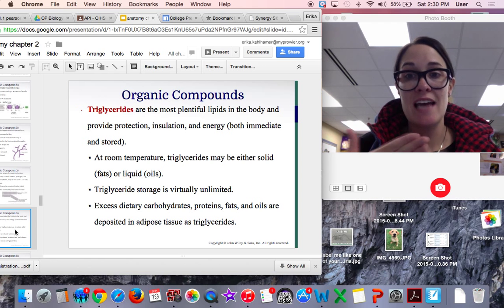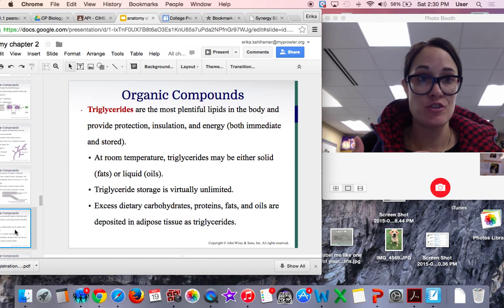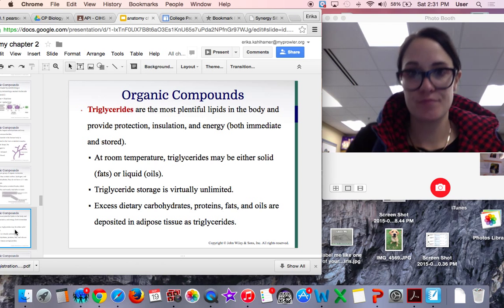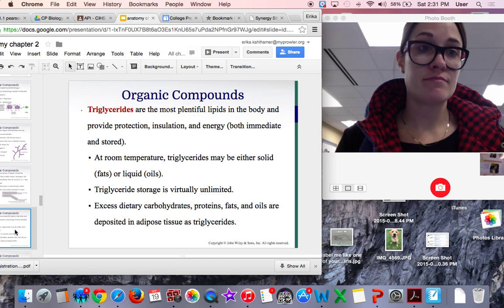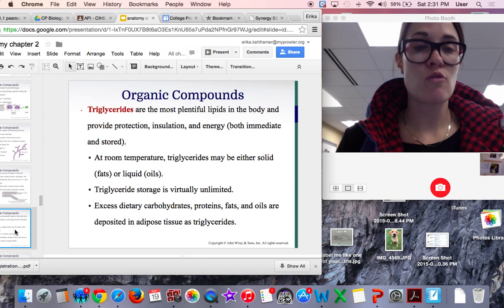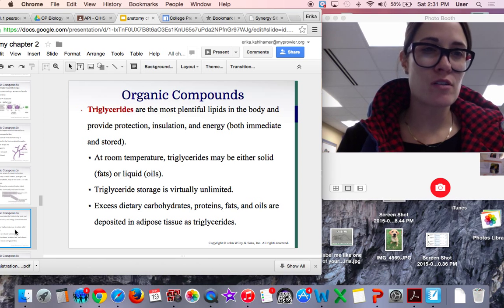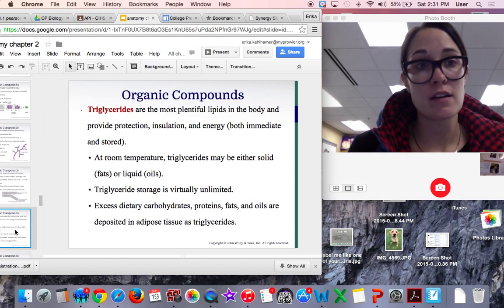They provide protection, insulation, keep you warm, and energy. Immediate energy and then stored. At room temperature, they are either solid, fats, or liquids, oils. And again, they're solid or liquid depending on if they're made up of saturated fats or unsaturated.